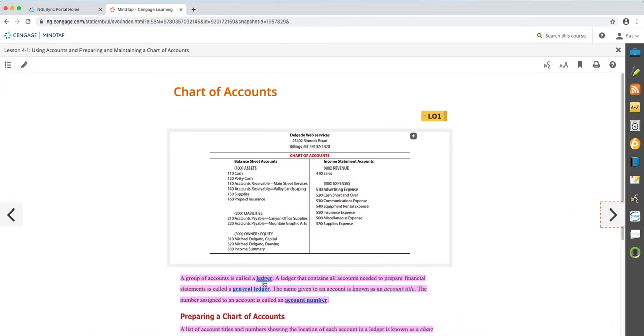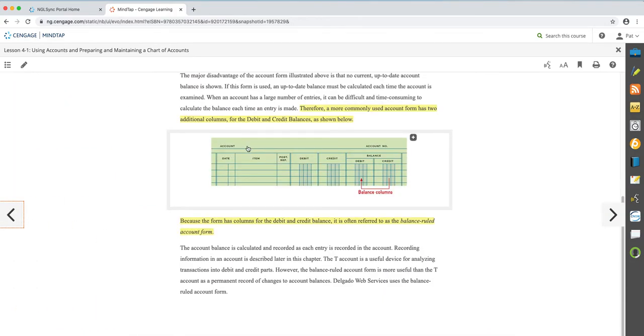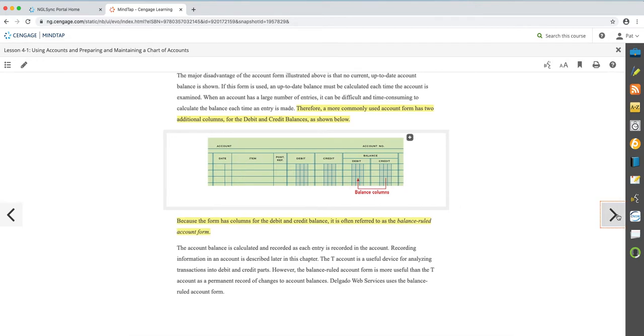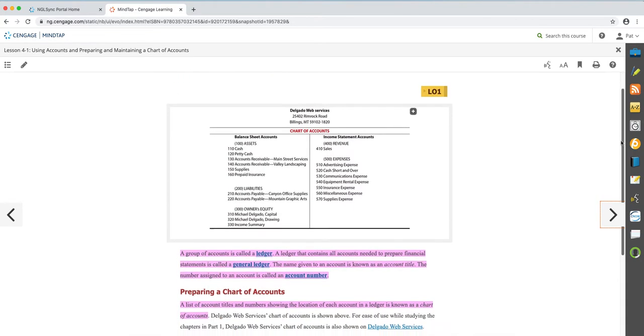We need to have a ledger made up, and a ledger that contains all the accounts needed to prepare financial statements is called a general ledger. The name given to the account is the account title, and the number assigned is called the account number. So when we're looking at this, account title, account number, this is going to be a general ledger account. All of them put together help us make our financial statements.